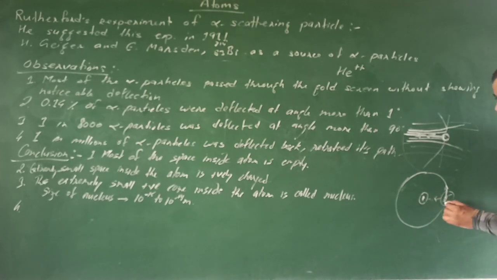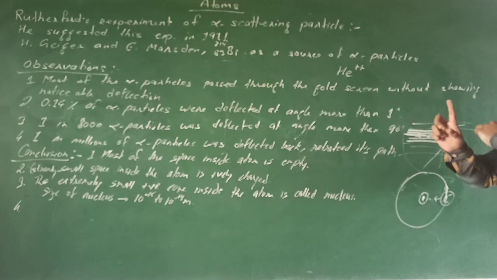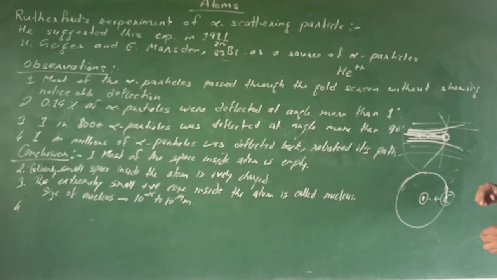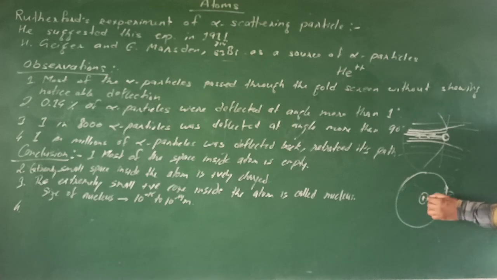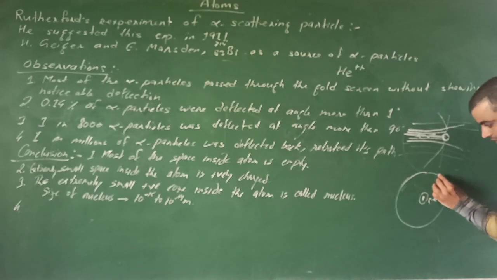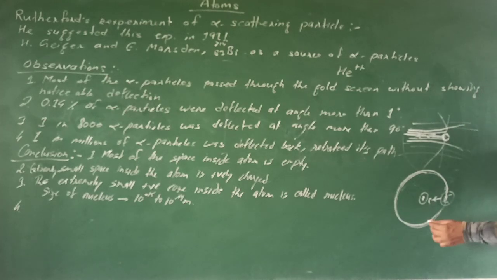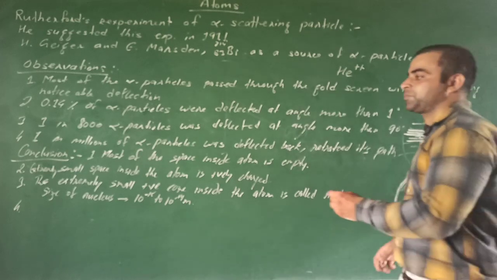This electrostatic force works as a centripetal force, and this force makes the electron move in a circular orbit around the nucleus. It means electrons are not pulled toward the nucleus; they move in a circular orbit around the nucleus.